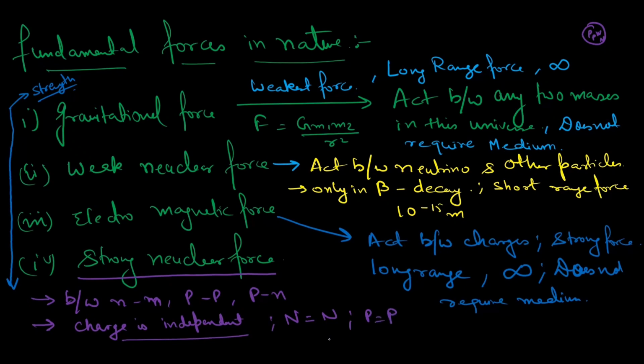This is a new type of force which is not dependent on charge. The attraction between neutron and proton is the same as between proton and proton, and between neutron and neutron. It is not dependent on charge, it is on the particles. They have equal attraction force. Like this, we have a stable nucleus.